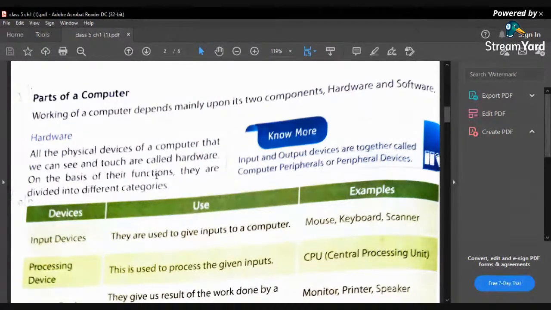So students, now we discuss hardware. All the physical devices of the computer that you can see and touch are called hardware.